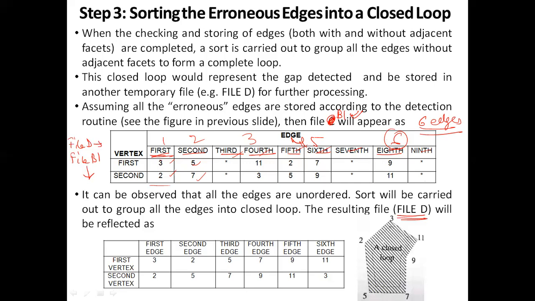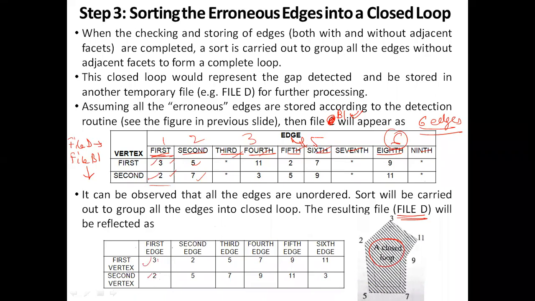Please understand this very properly. The structured order is going to be created when the gap is a closed loop. So for the first edge, you determine the first edge. You have determined it as 3 and 2.